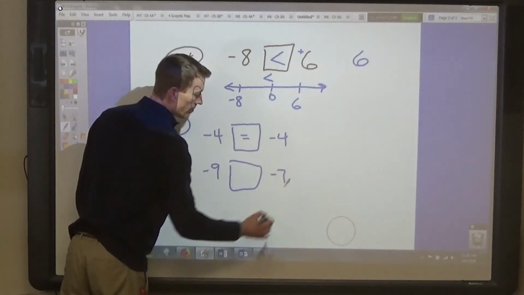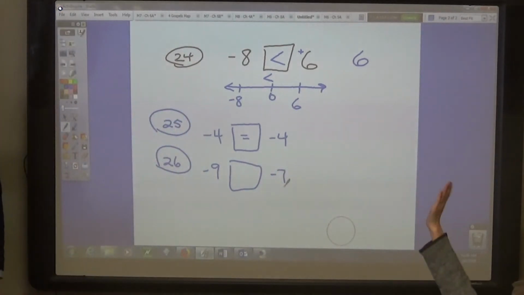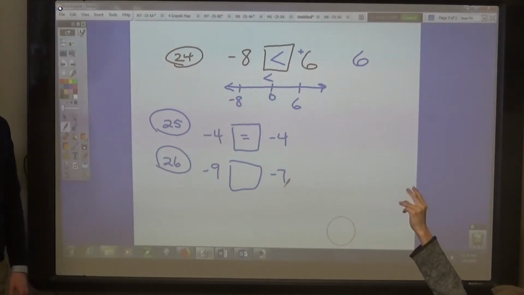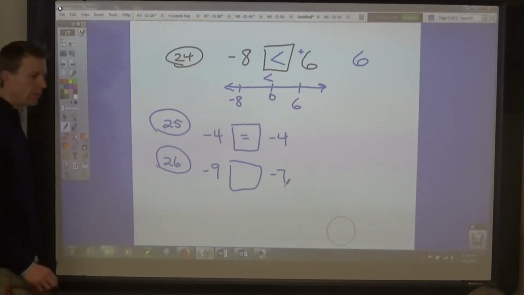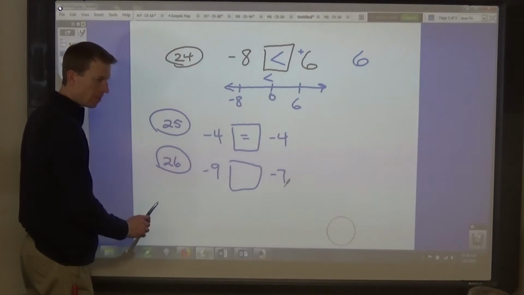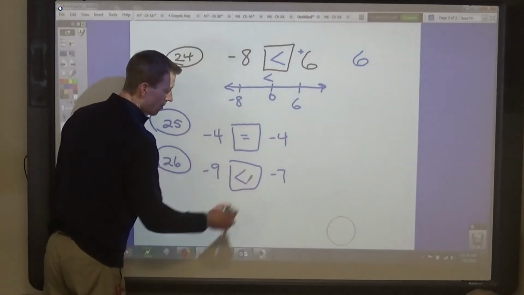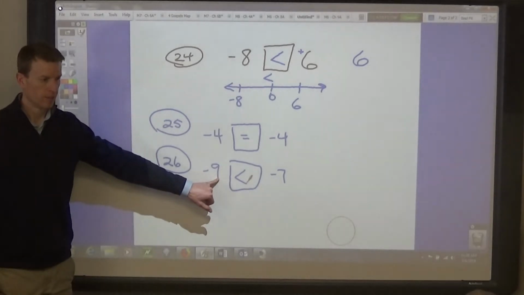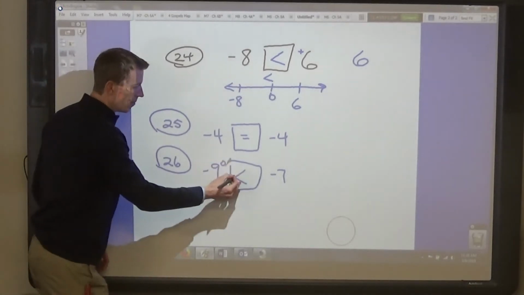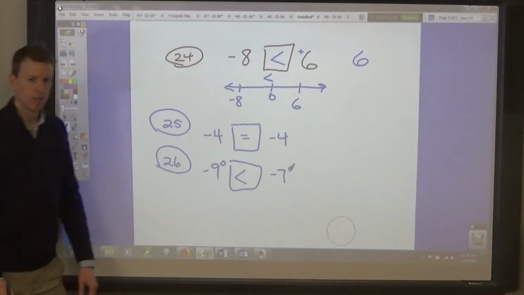Okay, plus, what? Read it. -9 is less than nothing. Yeah. -9 is less. It's lower. It would be a lower temperature, wouldn't it?